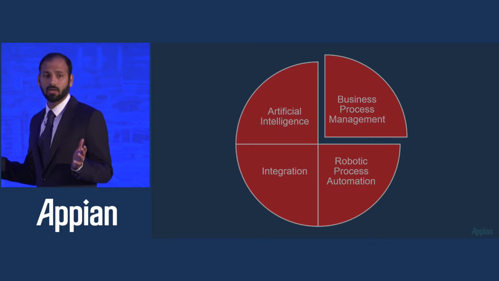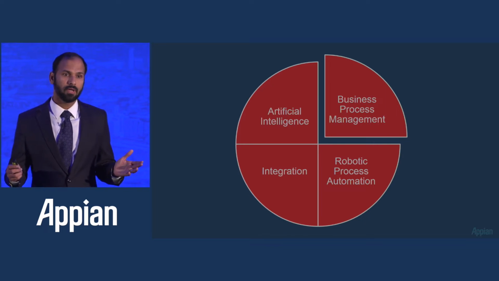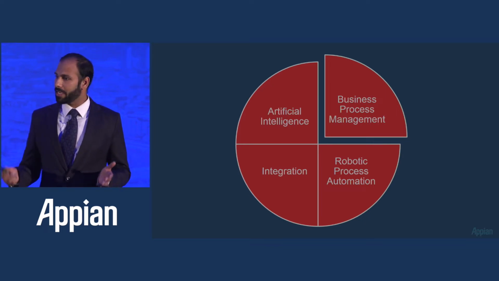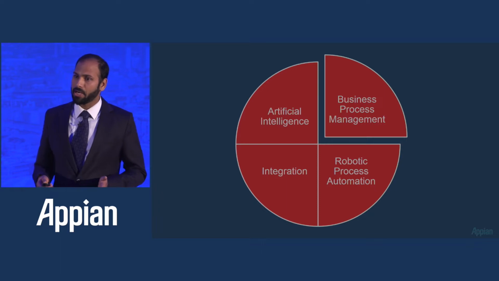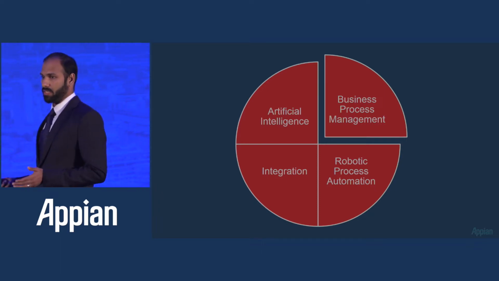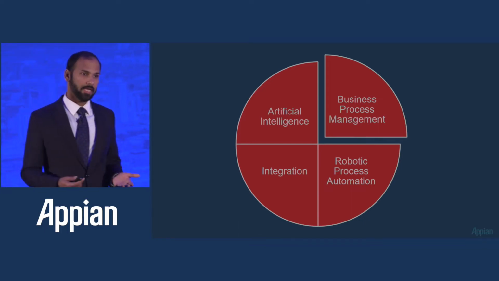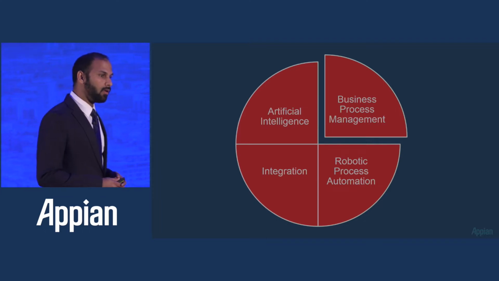When you look into that circle of automation, it falls into 4 categories from our point of view. The first and foremost thing is getting your business right. And in order to get your business right, you need to start with business process management. Organize your business the way it needs to be executed, the way it needs to be run.